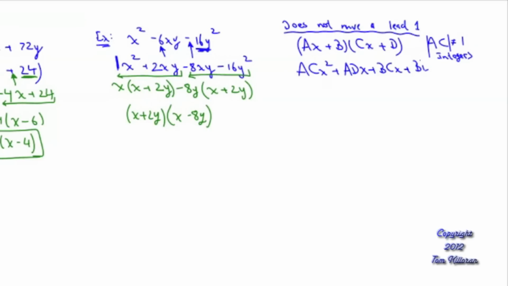This one's a lot messier than the other one I showed you. The other one I showed you was x squared plus ax plus bx plus ab. And it was kind of easy to see where things were going. This one, not so nice.